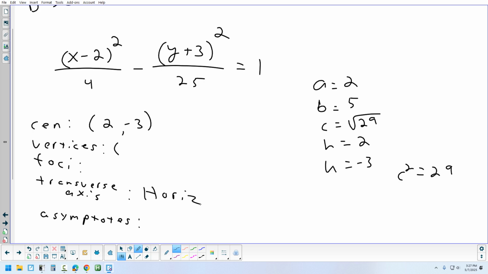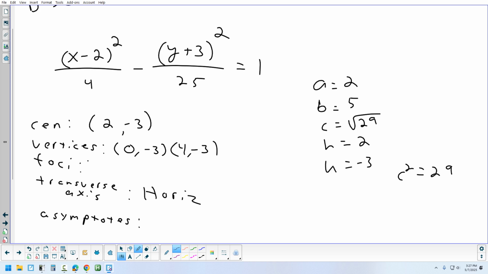Now we know everything is left and right of the center. The vertices are 2 units left and right of the center. You can't use plus or minus here, so we're going to have to write them separately. What would be 2 units left of the center? 0, negative 3. And 2 units right of the center? 4, negative 3.